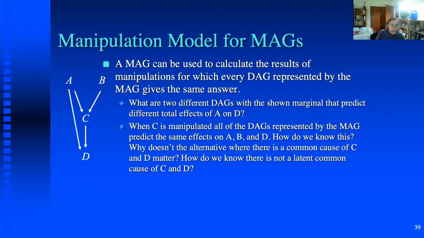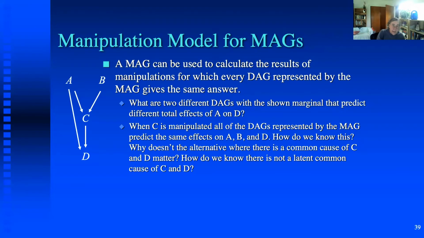Well, there are going to be two kinds of cases. There are going to be, in some cases, if I give you a MAG, then every single directed acyclic graph compatible with that MAG, that is, which has that MAG as the marginal, will predict the same effect of a manipulation.